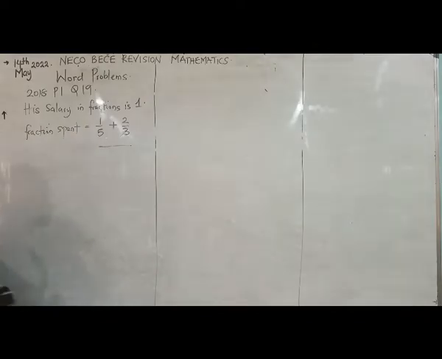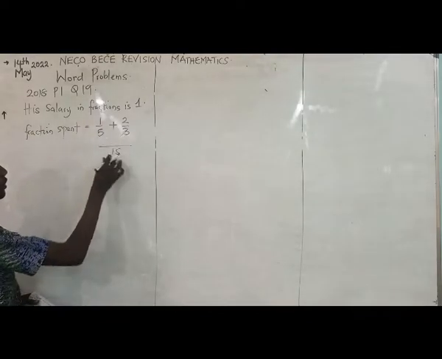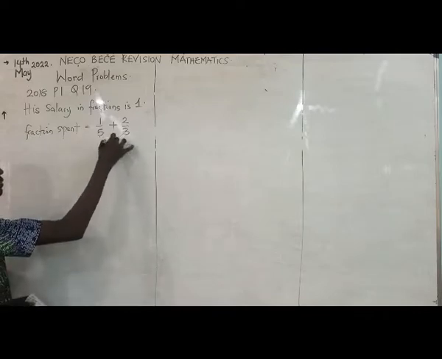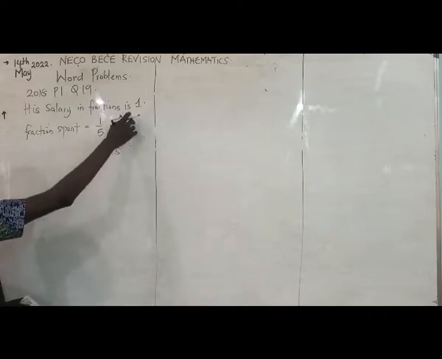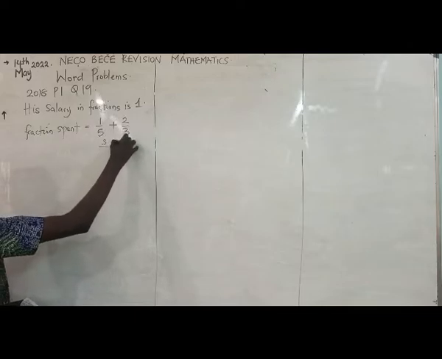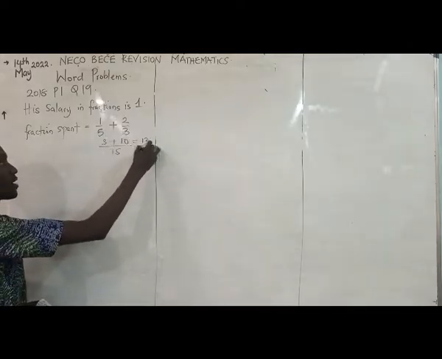We take the LCD. LCD of 3 and 5 is 15. That will be 3, 5 times 2, that will be 10, and that will be 13/15.